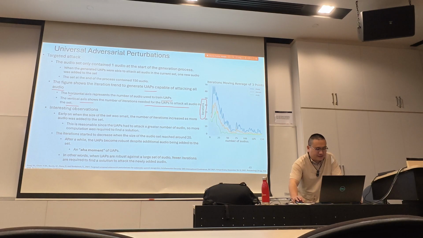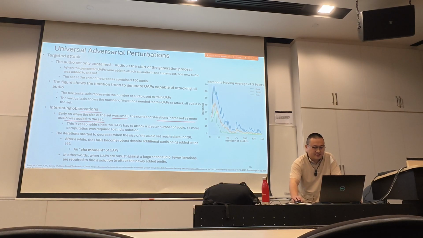And here we have some interesting observations. At the beginning, when the size of the set was small, the number of iterations actually increased as more audio was added to the set. So when we generate UAPs to fool only one audio, looking at the mean iterations, maybe we need to run 25 updates for the UAPs.